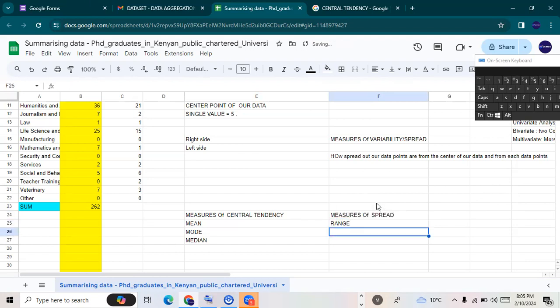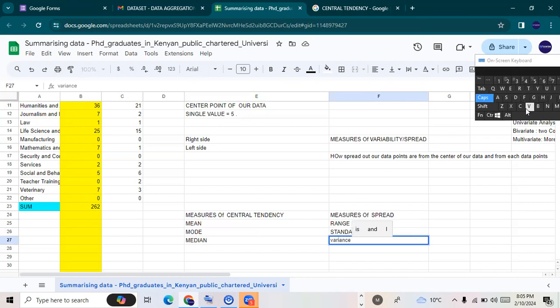The second thing is our standard deviation. Treating it like some of us do not have a mathematical background, standard deviation, so deviation. And the last thing is our variance.